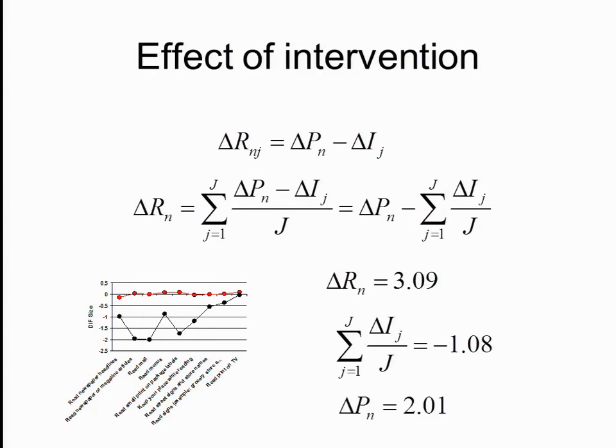What's common to all the items, if they all fall by 2 logits, which is the delta P here, we would assign that to the person because we have no way of sorting out which is item and which is person. Then when we subtract that, you notice the last item goes up to baseline, and what's left over is the DIF relative to that item. So we end up with this effect.